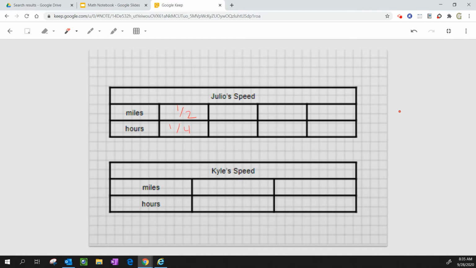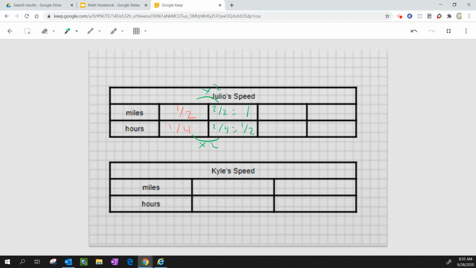So I could try times 2, and 1/4 times 2 is 2/4, which is 1/2. Again, use your calculator. 1 over 4 times 2. Put it in. You can do it. It will help you. You have this tool. 1/2 times 2 gives me 2/2, which is 1. So now I know it takes half an hour for Julio to hike 1 mile.